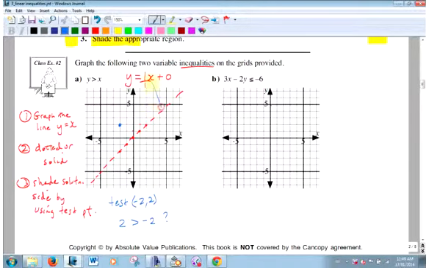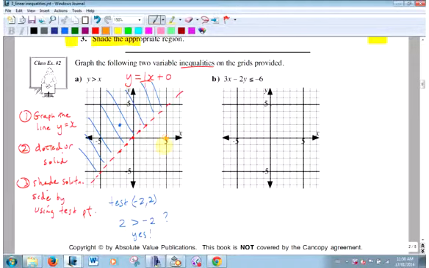Okay, so shade the side where that point is. Let's try another point, just because it's our first one. And we're inequality rookies. Let's say Reese liked 5, 0.